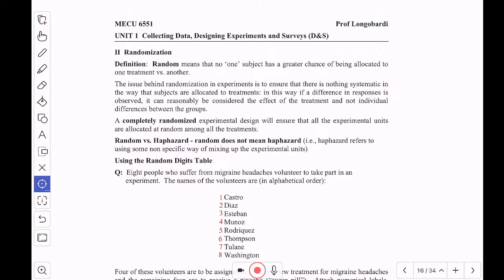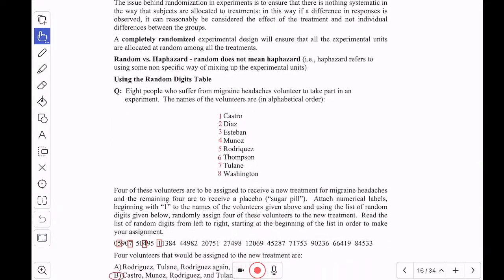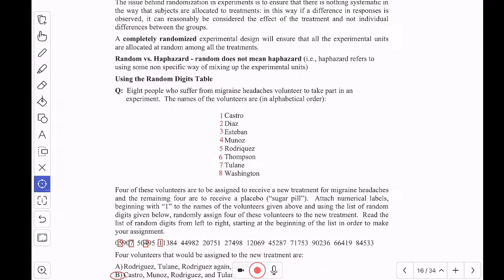So for example, for a completely randomized experimental design, we would need to ensure that all experimental units are allocated at random among all the treatments. The example that I've given you is that you have these volunteers that suffer from migraine headaches being involved in an experiment, and we need to choose the treatment group.